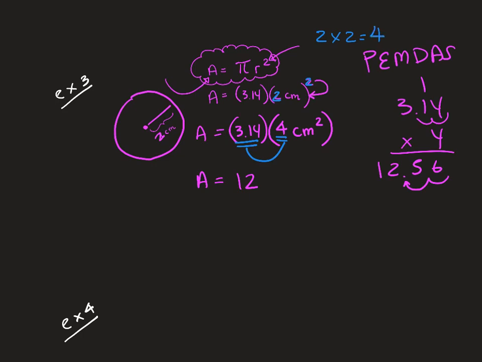So what you have now is 12.56, and we also multiplied centimeters times centimeters, which gave us centimeters squared. So that's your answer for the area.